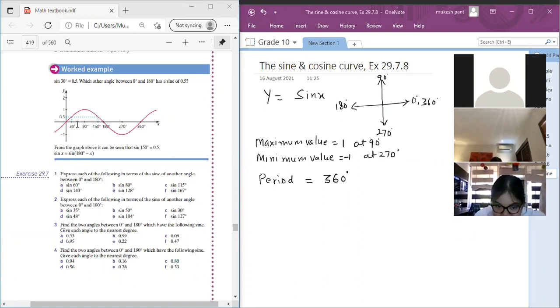It means in place of sine 30, you can write sine 150. I'm talking about the sine curve. So sine 30 and sine 150 have the same value. By looking at the cyclic nature of sine, we have one formula: sine x equals sine 180 minus x. And we take questions based on this.